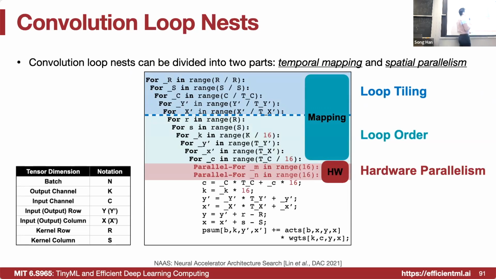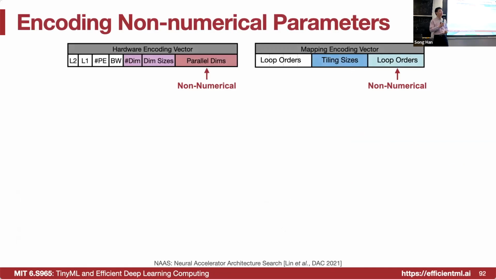There are several categories. We can make decisions about the hardware parallelism: which dimensions in the for loop of a convolution we want to parallelize in space rather than serialize in time. And what is the loop order? What is the tiling strategy? And how do we map it to the hardware?